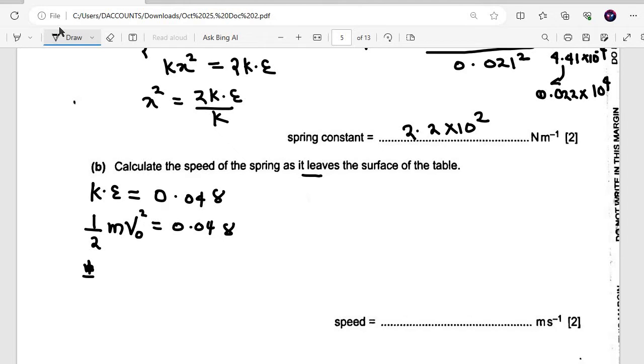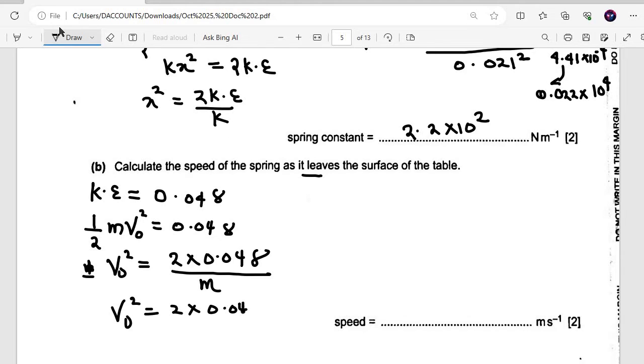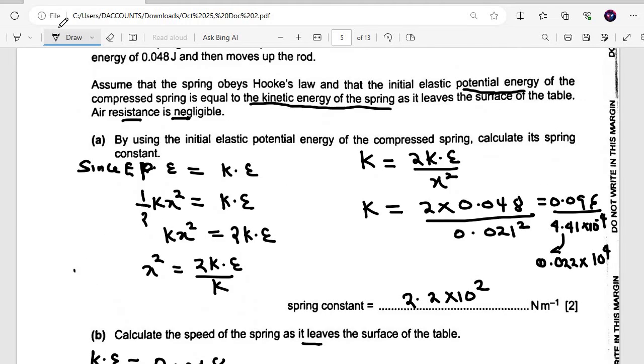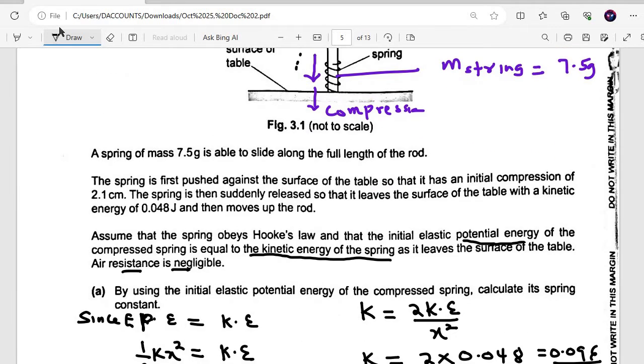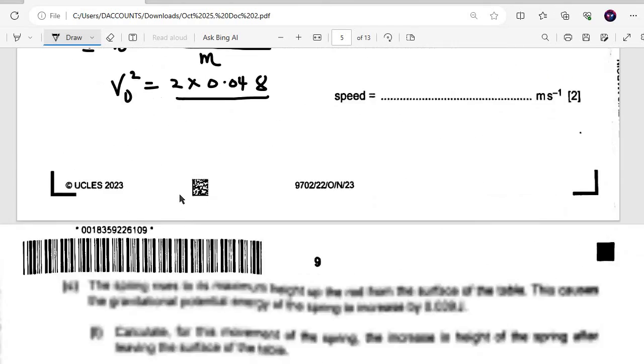Let me make v naught the subject. So v naught will be the square root of 2 times 0.048 divided by the mass. The mass is given in the question. I saw 7.5 grams, the mass of the spring.